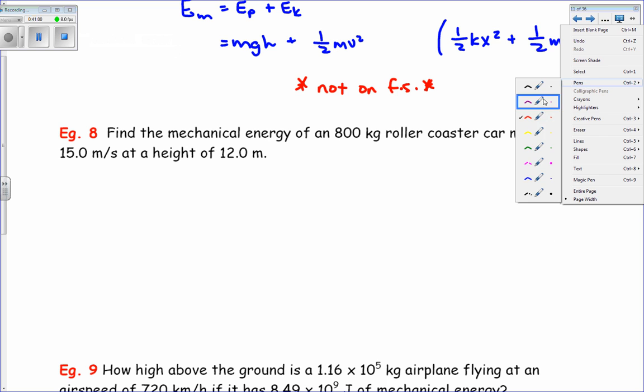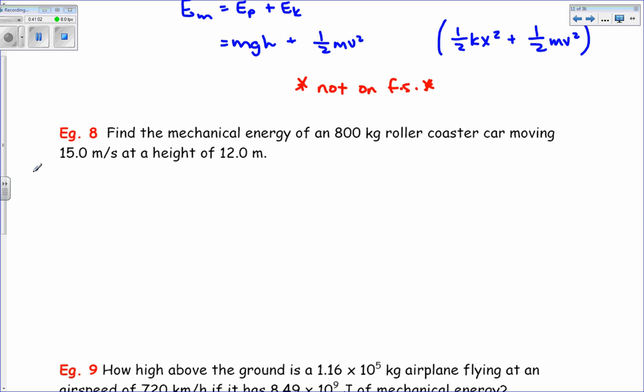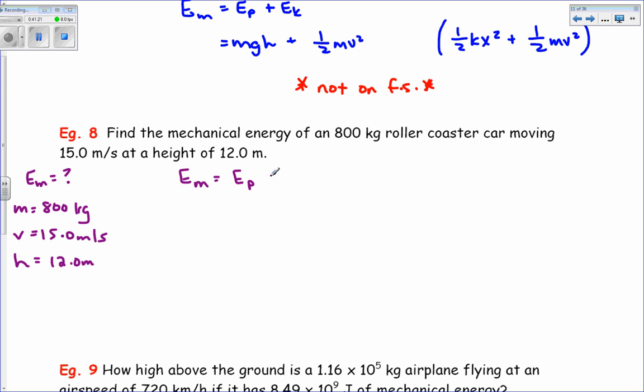Okay. So find the mechanical energies. We want EM of an 800 kilogram roller coaster. It's traveling at 15 meters per second and is at a height of 12 meters. Okay, so mechanical energy equals potential energy plus kinetic energy, which is mgh plus 1/2 mv squared.